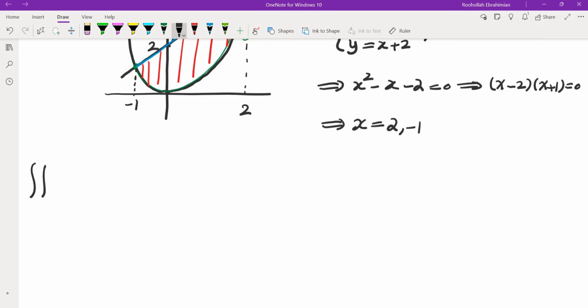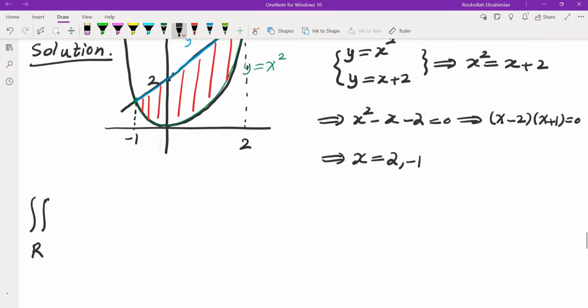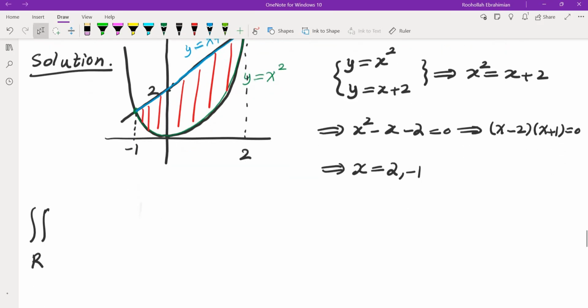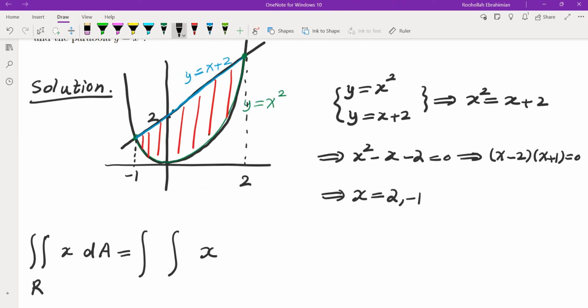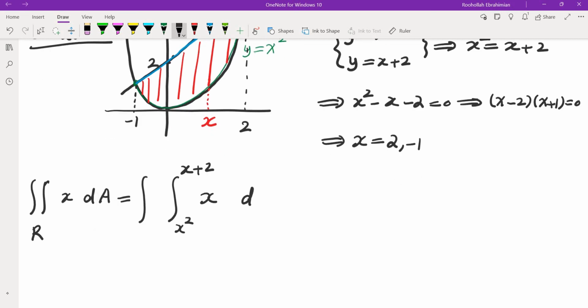So now that we figured it is in fact a vertically simple region, let's set up the integral. So if you take a fixed x, then y values are between the parabola and the line. So x squared to x plus 2, those are the limits of y.